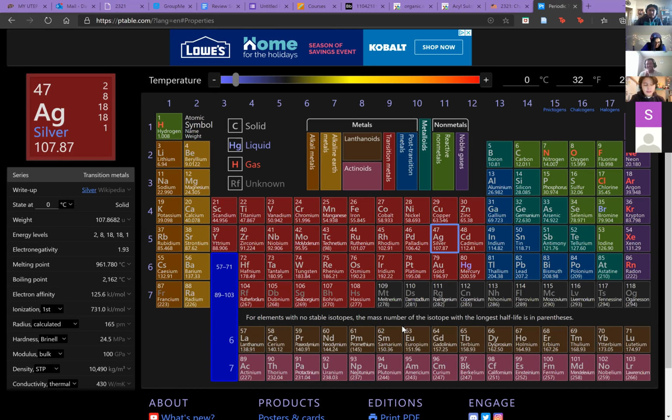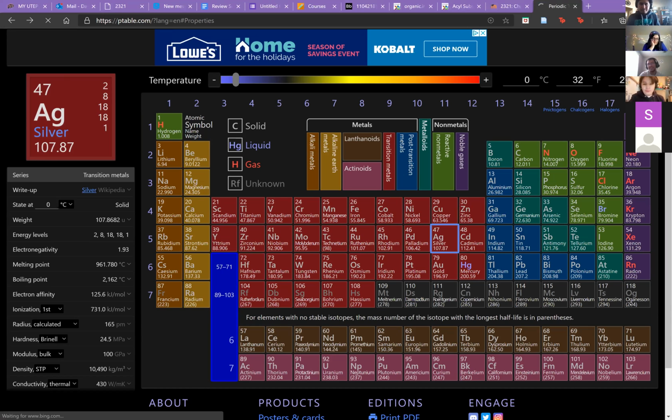So with all this in mind, what do you think would have the highest ionization energy based off of what you just said? Fluorine, right? And on that same row, lithium to fluorine, which would have the lowest first ionization energy? Lithium, right?